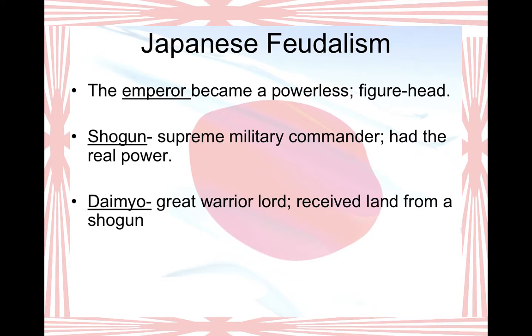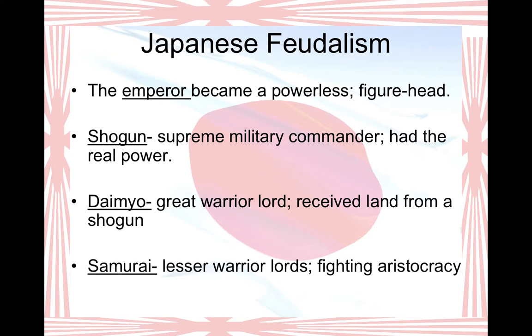Underneath him was the daimyo. The daimyo is a great warrior lord, and basically the shogun would give the daimyo land, and the daimyo would protect the shogun. And underneath that are the samurai, something you probably all know about. Basically these were the knights or soldiers that fought for the daimyo.